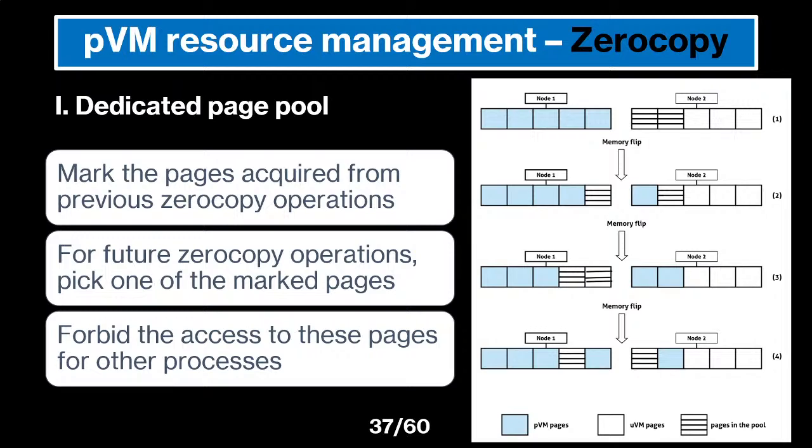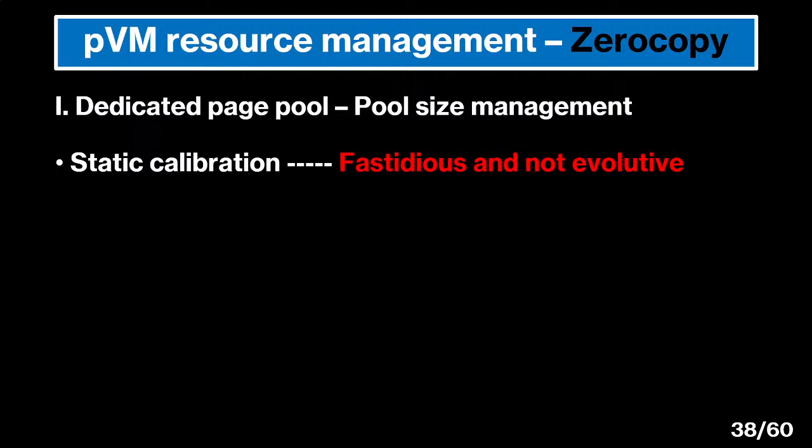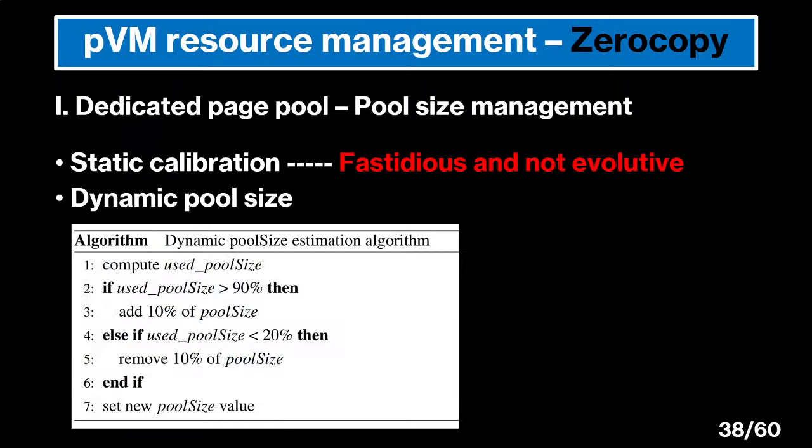Here we need to know what is the correct sizing policy for this pool. Either we use a static pool size, which can be fastidious and will not evolve depending on the load of the network application inside the virtual machine. So we propose a dynamic solution for the sizing of the pool that monitors the percentage usage of the pages inside the pool.